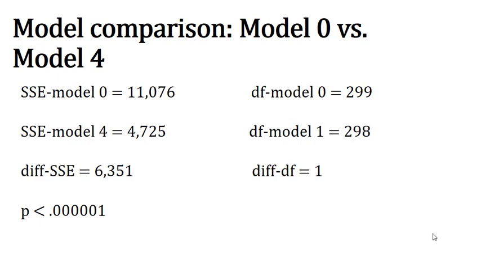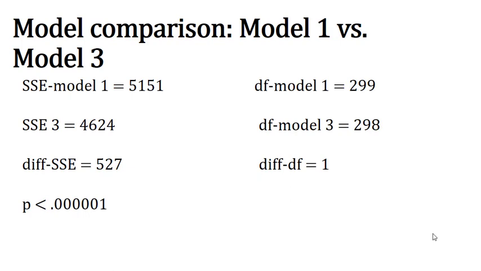Now we can compare another two models, model 1 and model 3, because model 1 has beta 0 and beta 1, and model 3 has beta 0, beta 1 and beta 2.